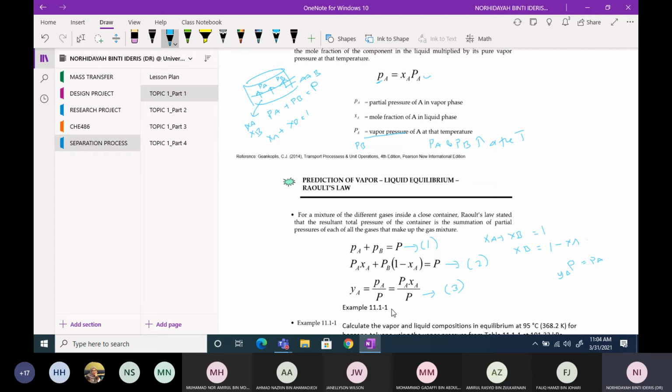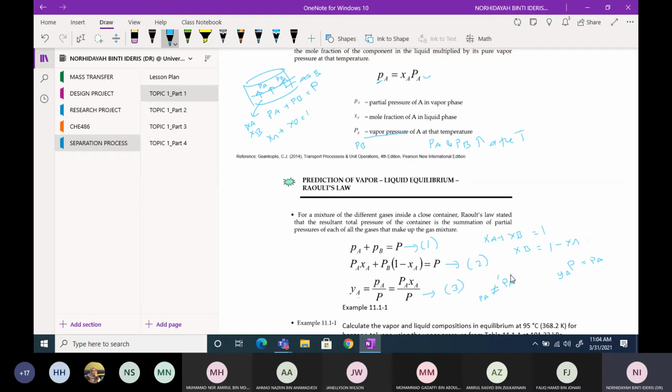So this equation, this Raoult's law, shows the relationship between the total pressure P of the system, PA, the vapor pressure of A, YA, the mole fraction of A in vapor, and SA, the mole fraction of A in liquid. Right now you must clearly know that small p, which is partial pressure, is not the same as capital P. The partial pressure depends on the fraction, so that SA plus SB is equal to 1.